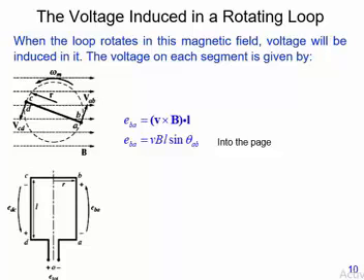Voltage e AB is equal to V cross B into L. V cross B can be written as VB sine theta.